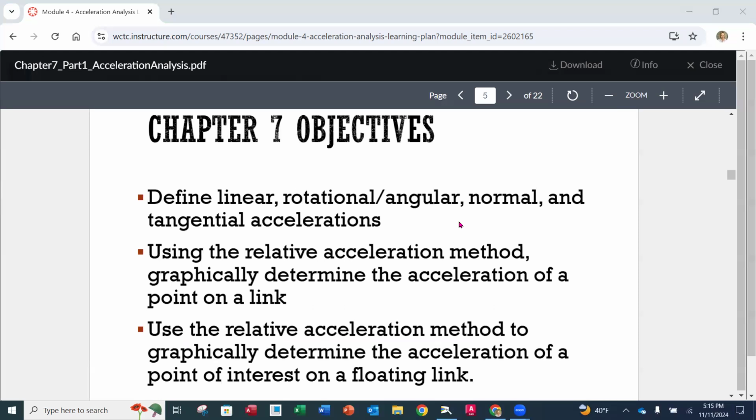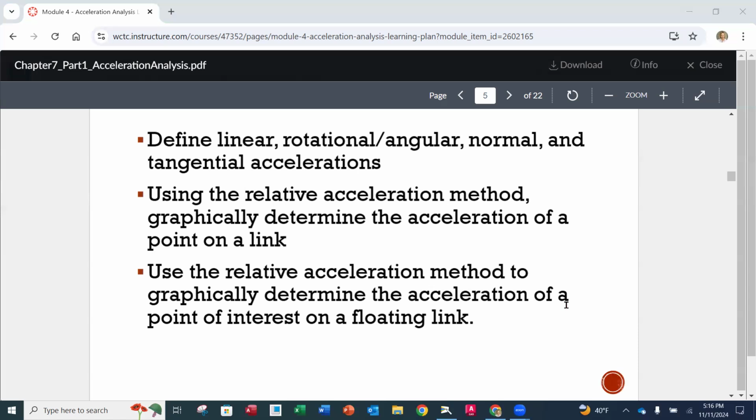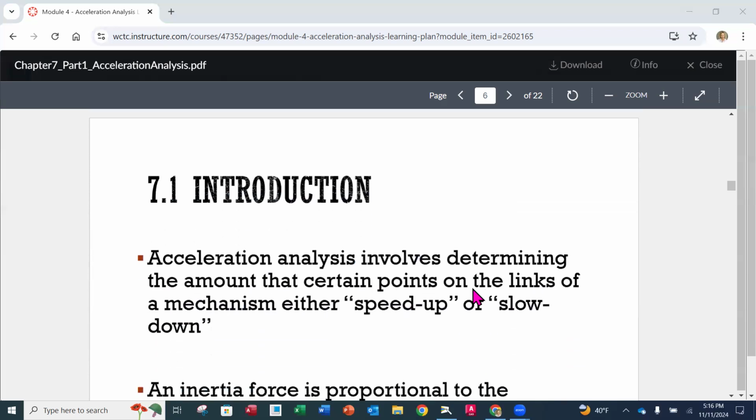Our objectives for this chapter are, number 1, to define linear, rotational, angular, normal, and tangential accelerations. Also, use the relative acceleration method to graphically determine the acceleration of a point on a link, and then also use the relative acceleration method to graphically determine the acceleration of a point of interest on a floating link as well. Those are our 3 goals for this particular module.